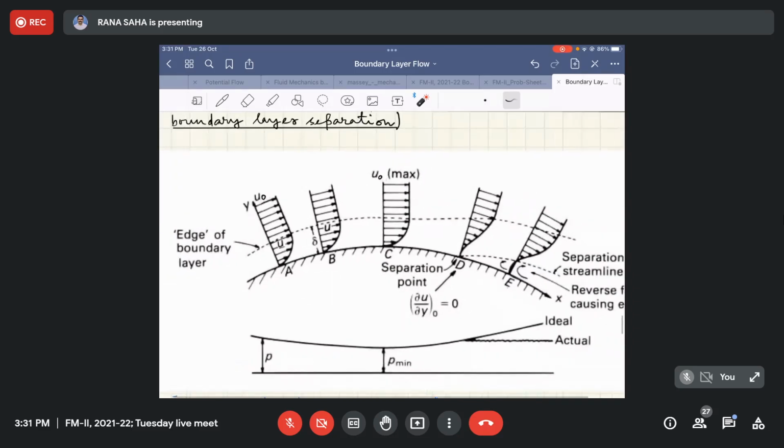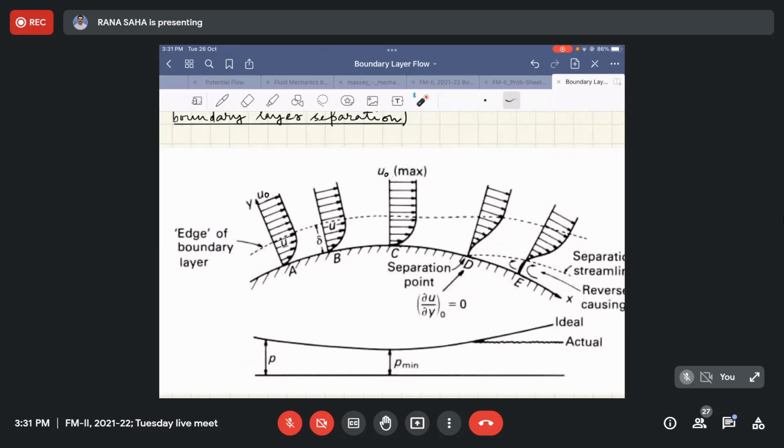It is a curved surface, but at any point you can have the direction normal to the surface, which is y, and the tangential direction can be thought of as x. So at each and every point you can have this coordinate frame attached.